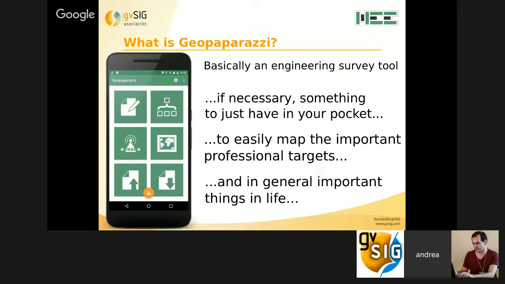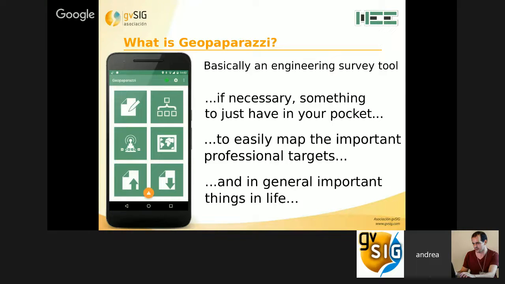So what is Geopaparazzi? We needed something that would be very small, very portable, that you would always have in your pocket. And what is the one thing that most of you probably today have in their pockets? It's your smartphone. And if you are able to do some mapping with your smartphone, then it's okay.